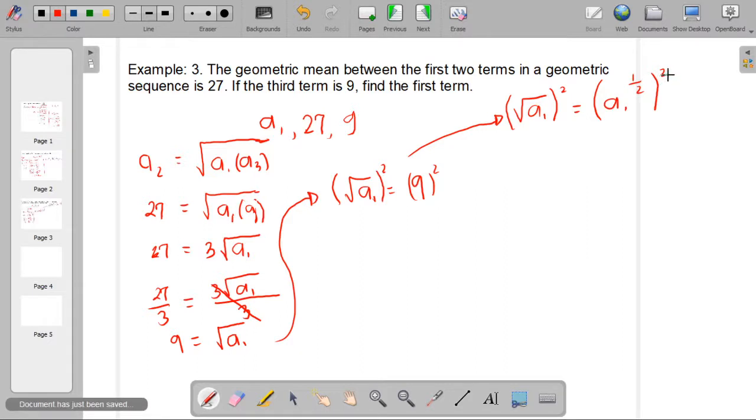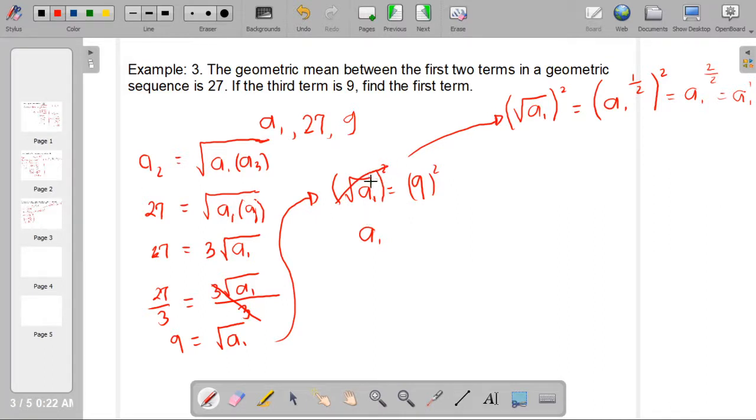You multiply 2 times 1/2. That is a sub 1 to the power of 2 over 2. What is 2 over 2? It's just 1, so a sub 1 to the power of 1. Only a sub 1 remains. In other words, it cancels.